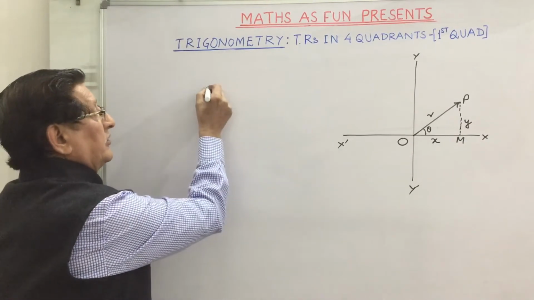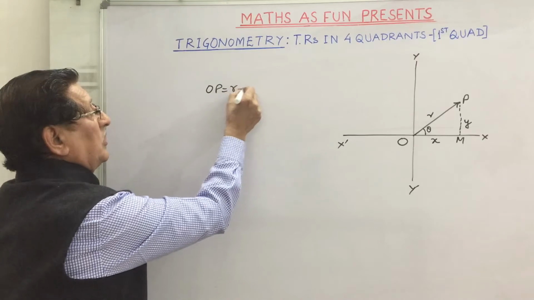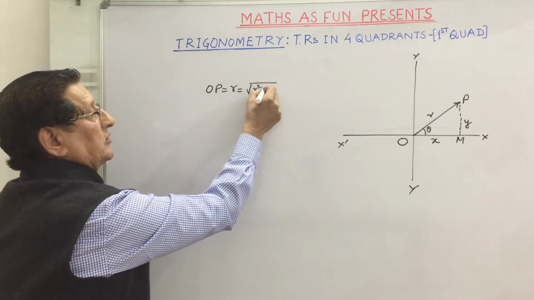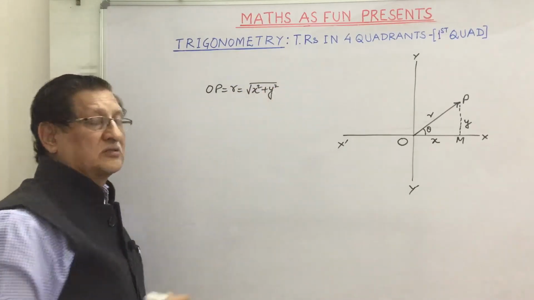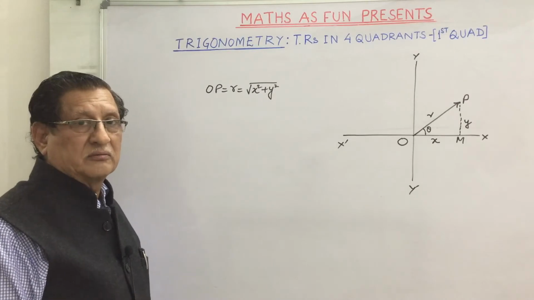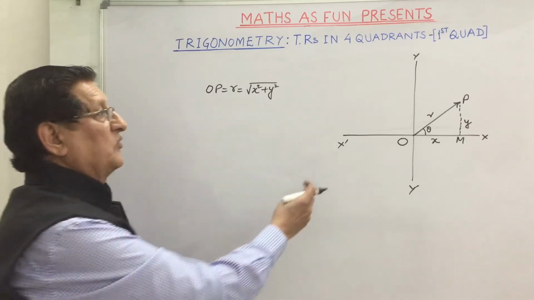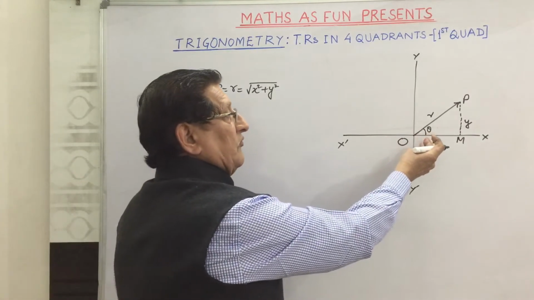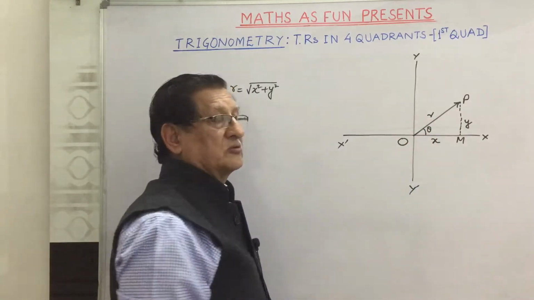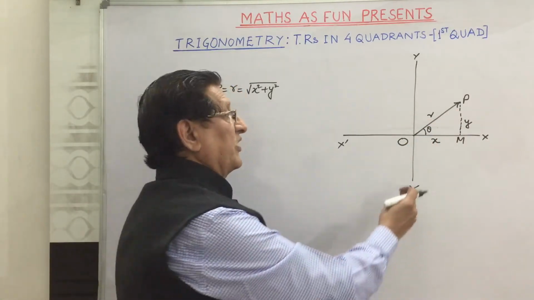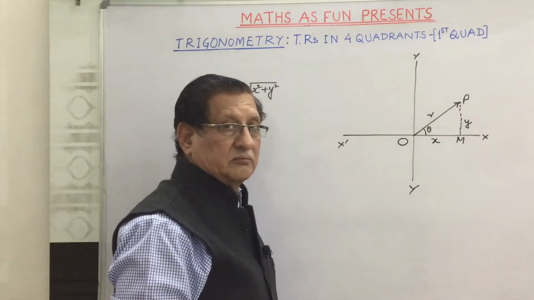We will find here that OP, which is equal to R, will be the square root of x square plus y square. And then we can find out the value of all trigonometric ratios of theta in terms of x, y and r.